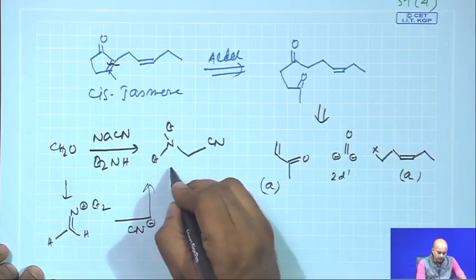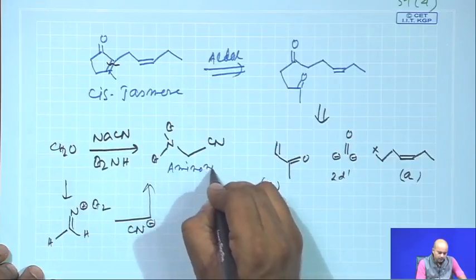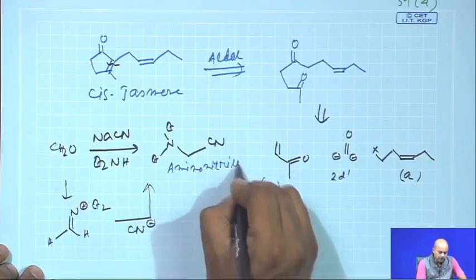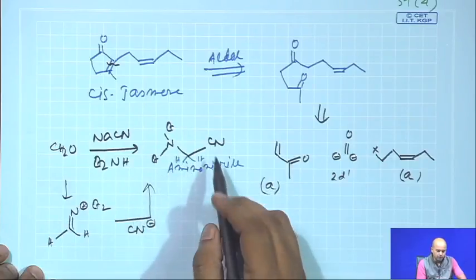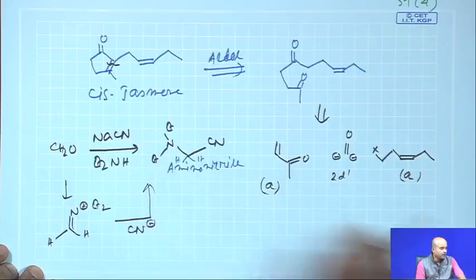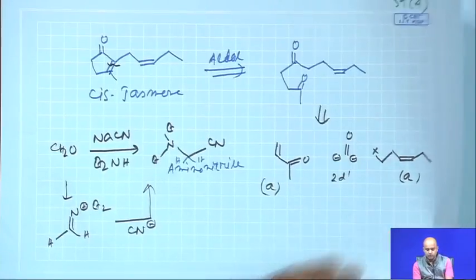Now, this aminonitrile is also acting as a D1 synthon. How? The hydrogens attached to it are extremely acidic because you have a cyano, you have an electron withdrawing nitrogen containing group.